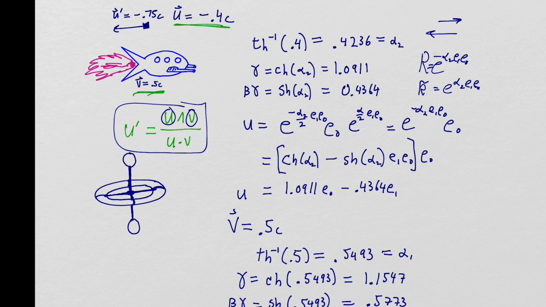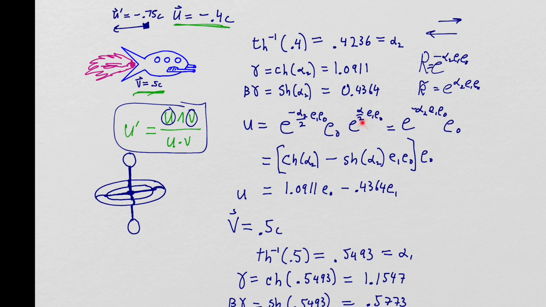This is supposed to be our reversion r, but because it's going the opposite direction, it looks like our reversion. Anyway, because e0 is in the plane of e1, e2, it's going to anti-commute with the bivector e1, e2, right?